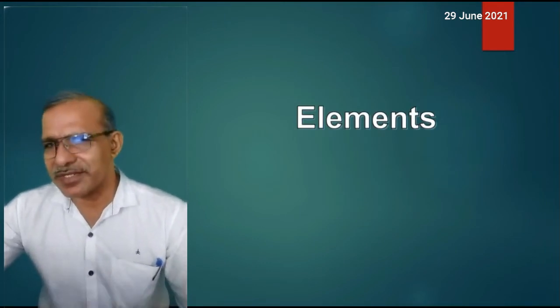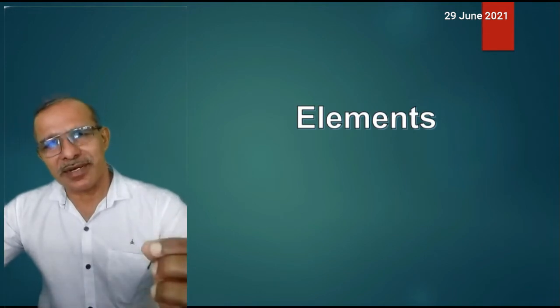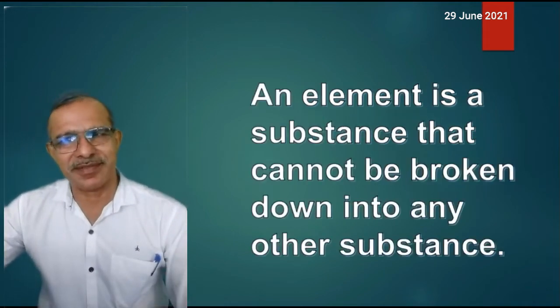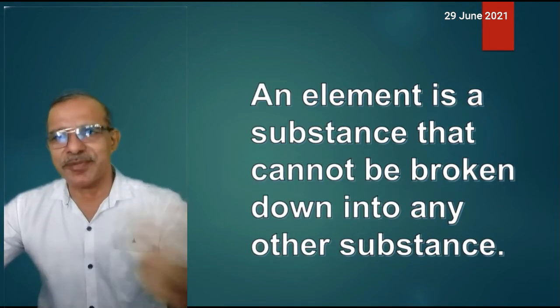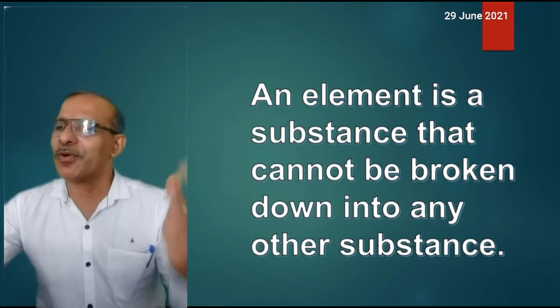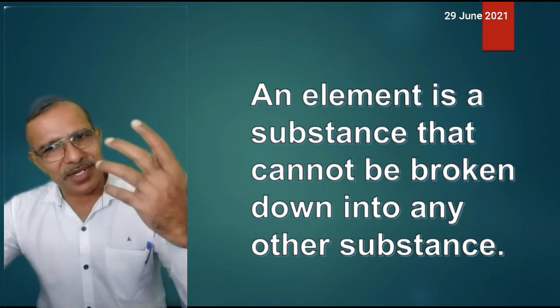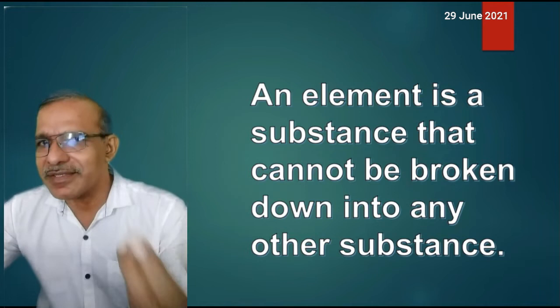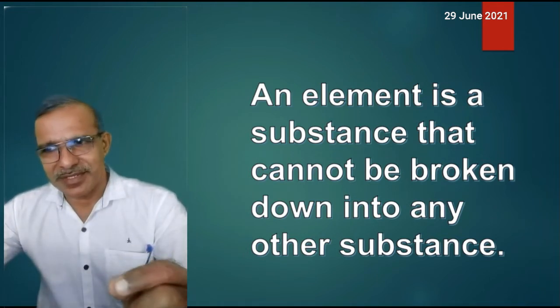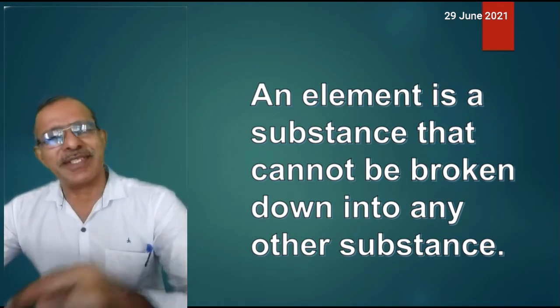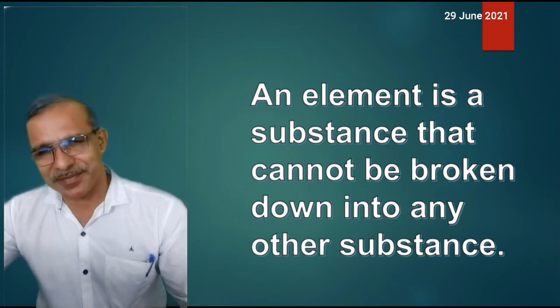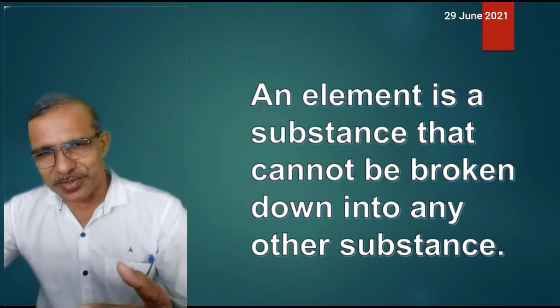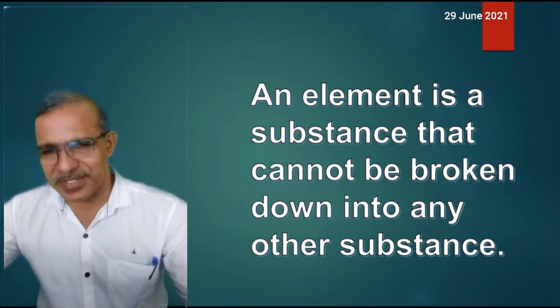But wait a minute. What are elements? An element is a substance that cannot be broken down into any other forms. An element is a substance which cannot be broken down into a newer substance.